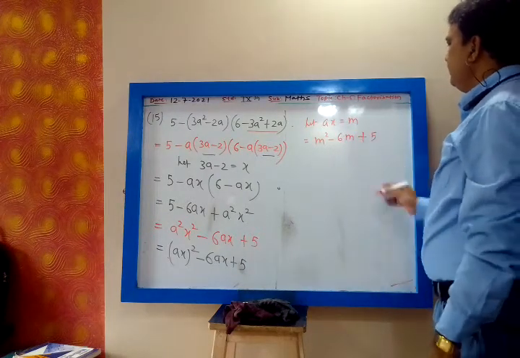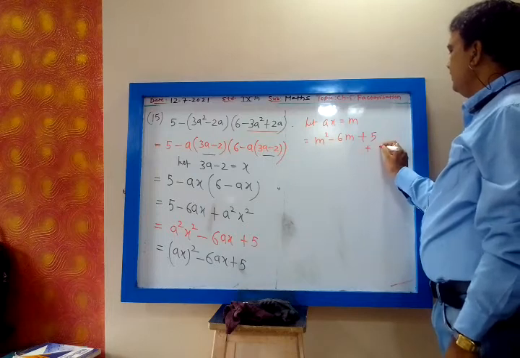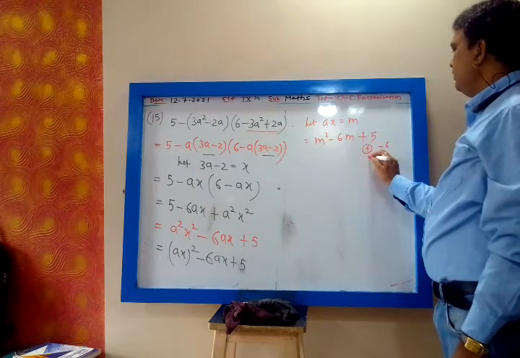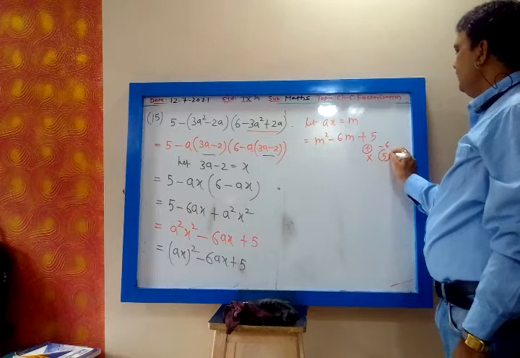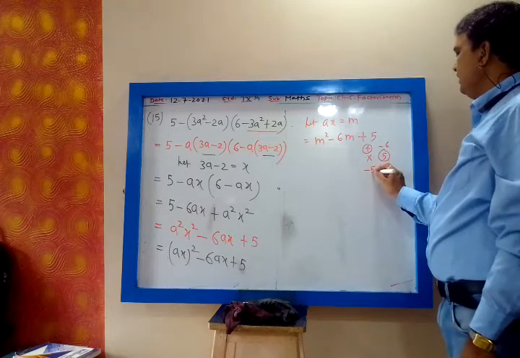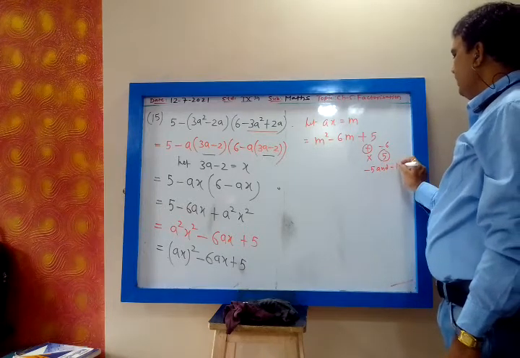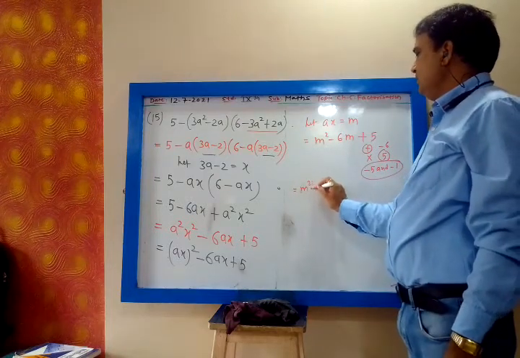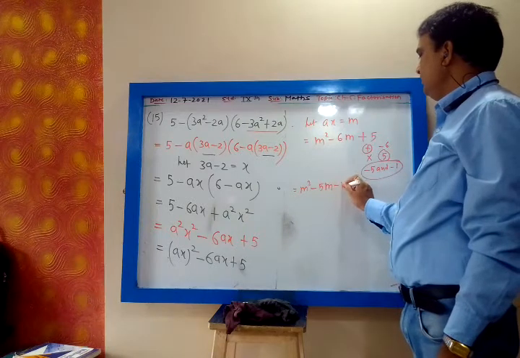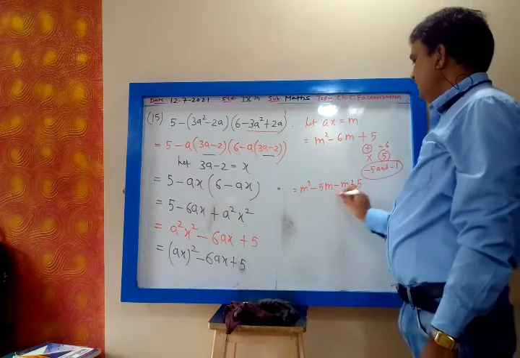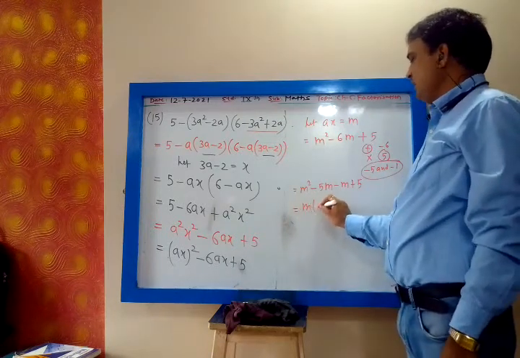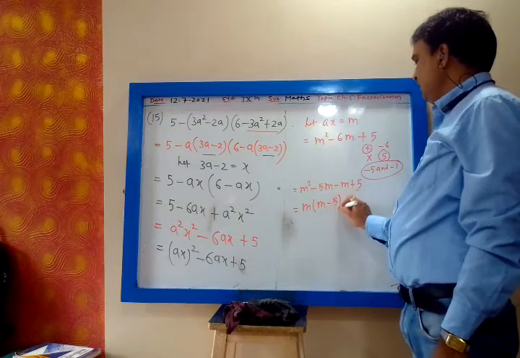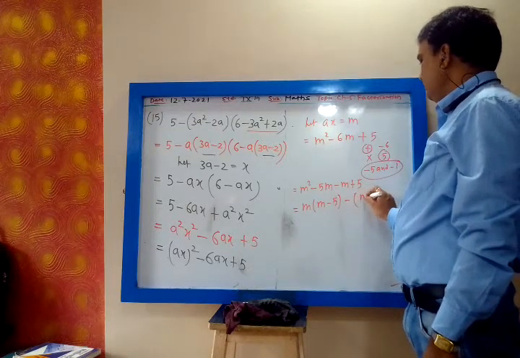Now find two numbers whose sum is minus 6 and product is plus 5. So what are the numbers? Minus 5 and minus 1. So this I will write m square minus 5m minus m plus 5. Taking m common, m minus 5, and minus common, m minus 5.